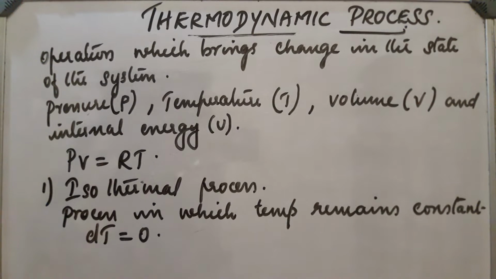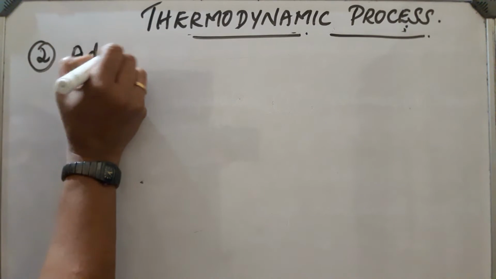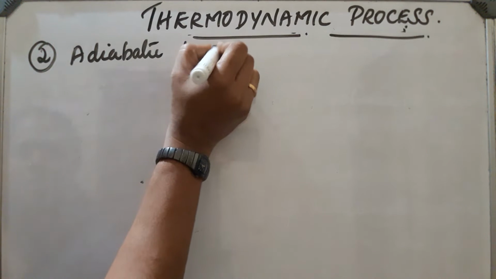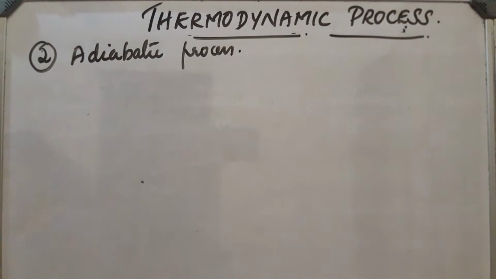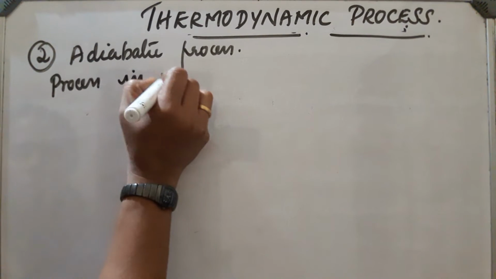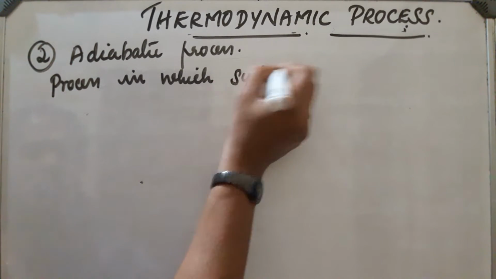The second process is the adiabatic process. In this process, the system does not exchange any heat with the surroundings.